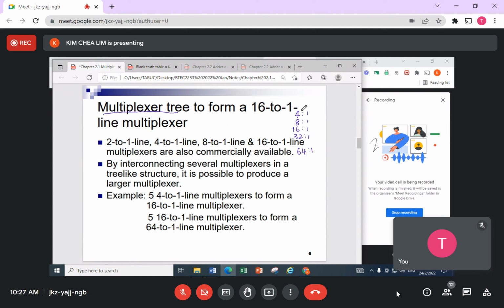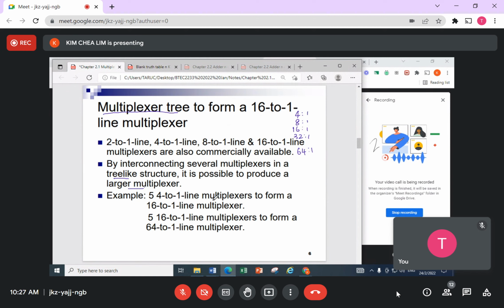All right, so you find that here tells you, commonly, commercially available, can buy easily up to 16-to-1. All right. So you can do interconnections using several multiplexers in a tree-like structure. Build it like a tree here. Then you can produce a larger multiplexer.